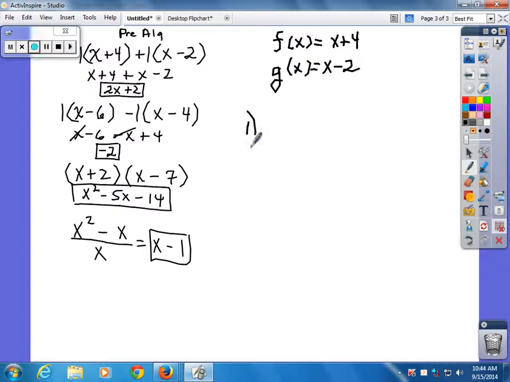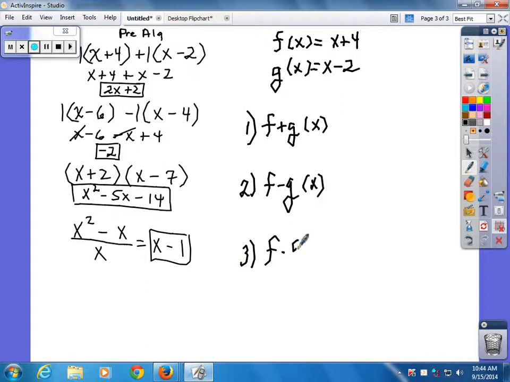And now I want f plus g of x, and I want f minus g of x, and I want f times g of x, and I want f divided by g of x.